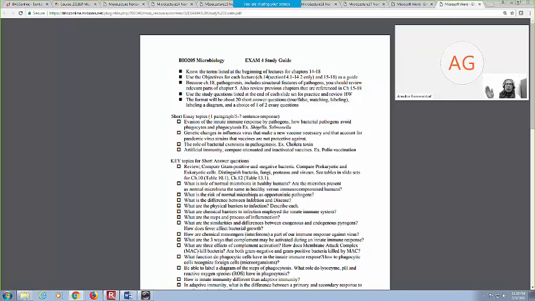So there's an oxygen-dependent mechanism of killing in the phagolysosome, and there are oxygen-independent mechanisms of killing. Low pH also can kill the pathogen that's been engulfed into the phagolysosome.